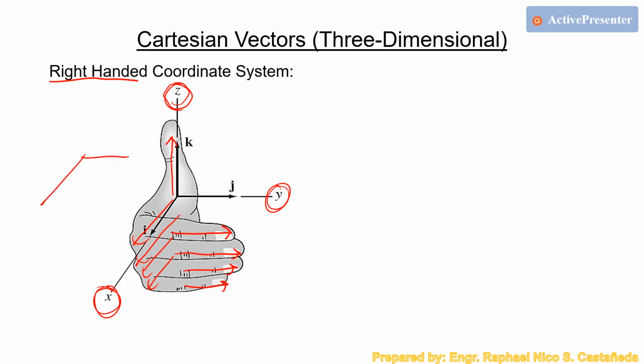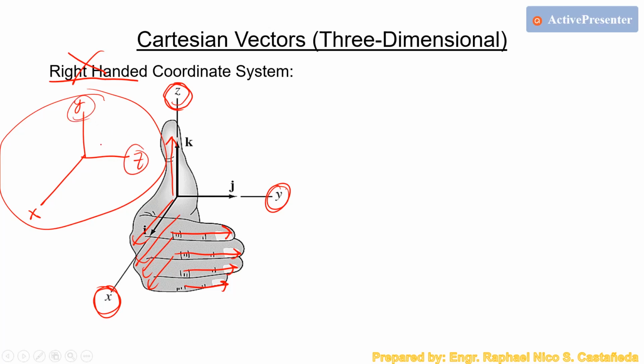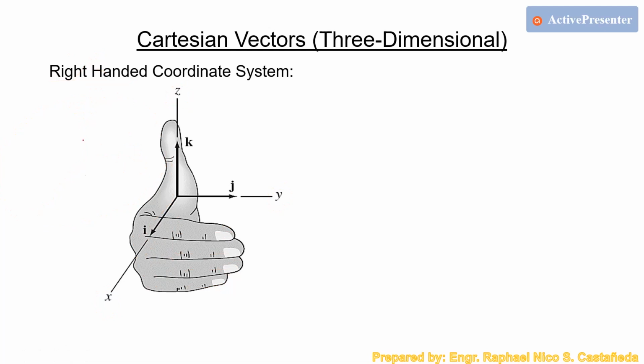So basically, if you change the direction to x, z, y, this one right here does not follow the principle of the right-handed coordinate system, because the y and z coordinate axes are interchanged.